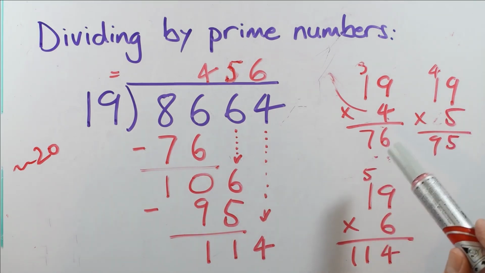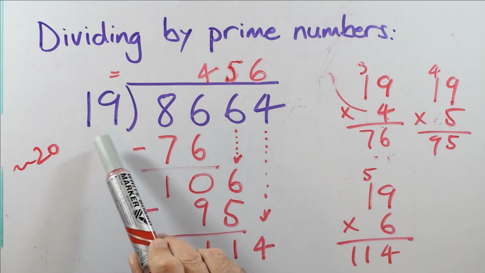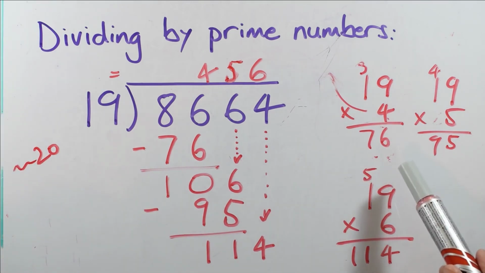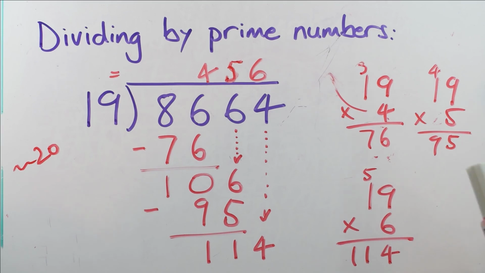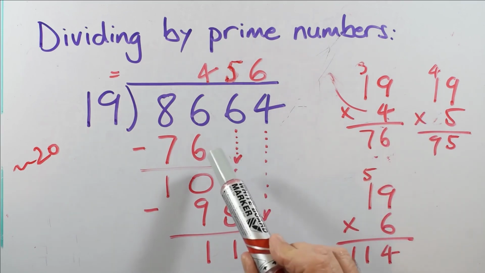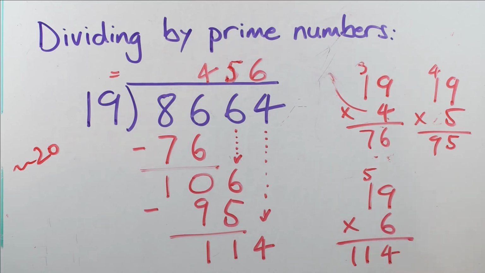So as you can see, there's quite a lot of extra working out, but if you can estimate a number that is close to what you want, it helps you figure out and helps you take your first guess, your first estimation to get you in the ballpark. Once you think you're about right, you can multiply to check and see if your numbers fit in there. 19 isn't too bad because it is close to 20, but it can work for any prime number.